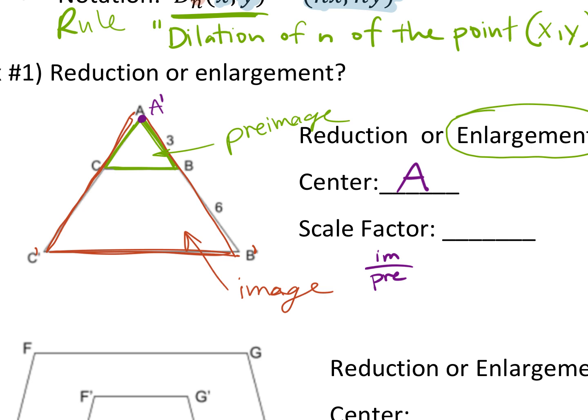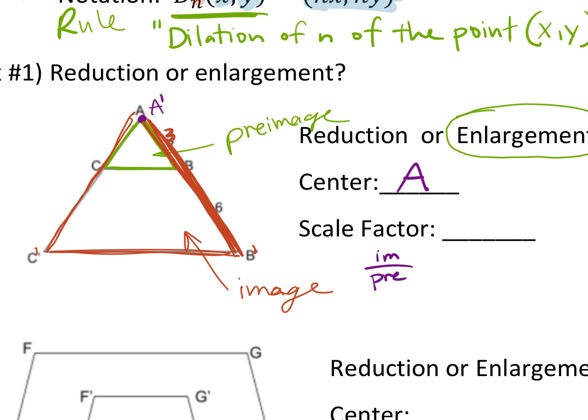So in this setup, what is your image over your pre-image? 6/3. That's tempting, and a lot of people do that. A C over... it's pretty tempting. Scale factor is... well, would it be A B prime?